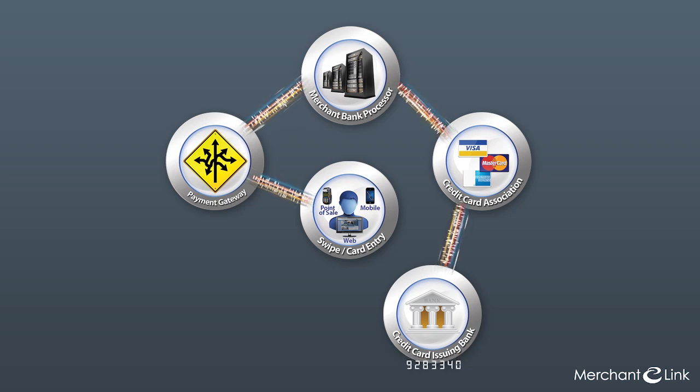From this point, the response message travels back to the processor, through the gateway, and finally back to the merchant as an agreement to pay the merchant for the amount authorized. For every credit or debit transaction a merchant accepts, each authorization request follows the same journey and touches the same players every time. So how might the process be different for a settlement message, and when does the merchant actually see the funds deposited in their account?